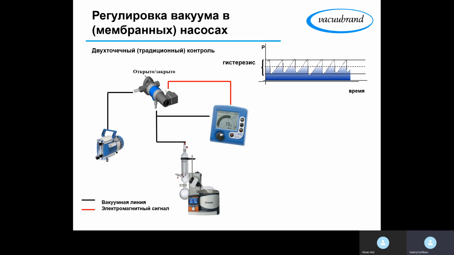Very good question. I personally don't know how to calculate that properly, but I always take the examples from Heidolph and from Buchi. Definitely they knew what surface we need. So I take a look at the surface of the rotary evaporator and its performance, and I say, okay, this is the surface that will definitely be okay.